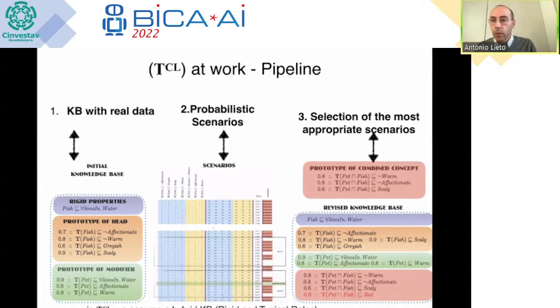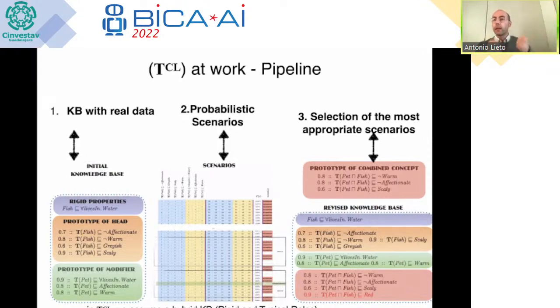And again, I don't have time here for going into the technical numerical details. And finally, the scenarios that were selected had to respect the third ingredient of our framework, which is the cognitive heuristics head-modifier. So the idea is that when there are conflicting elements, the head has to win.